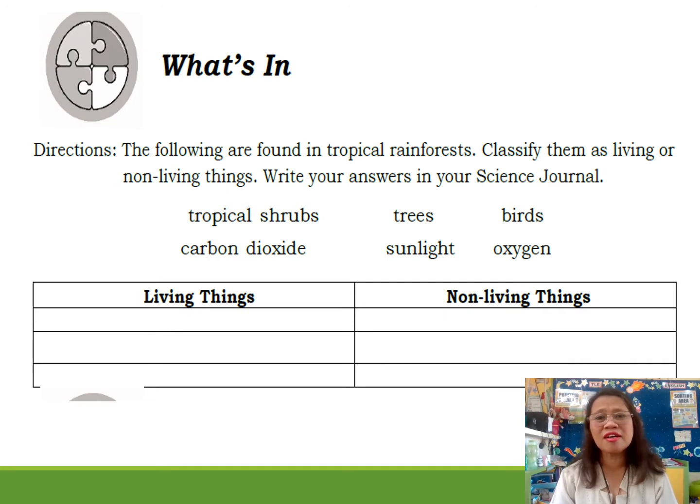Non-living things are those that have no life. They are not called organisms. The things that have no life will not grow. You have tropical shrubs, the plants, the carbon dioxide, the trees, the sunlight, the birds, and the oxygen. Write the words properly, class. Make your spelling correct. Let's proceed.